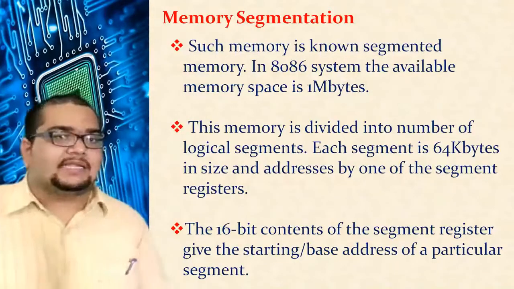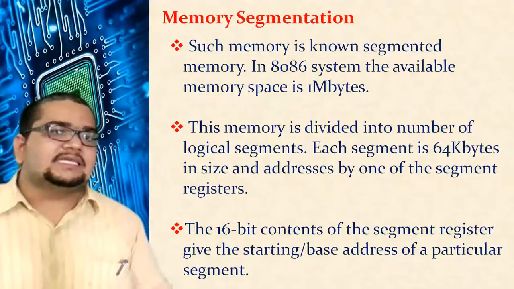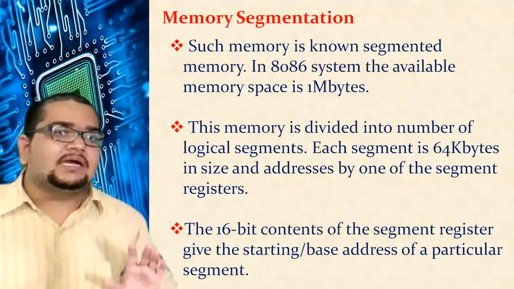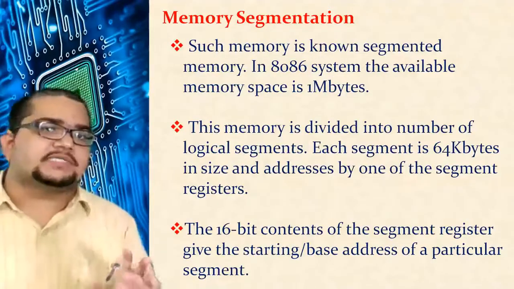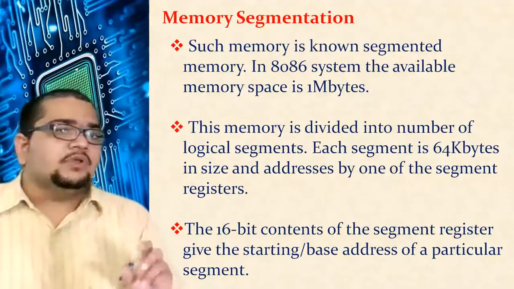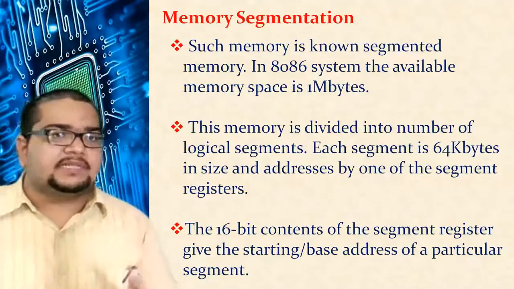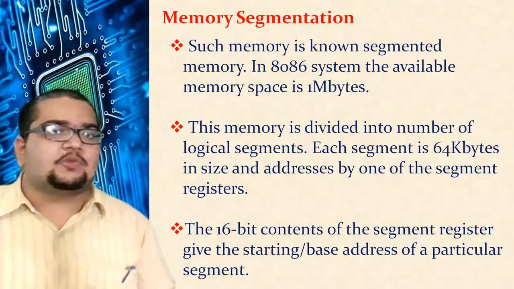Now, at a time, the 8086 can make use of its segment registers CS, DS, ES, SS, and simultaneously it can handle 4 such segments and do its addressing. When I say that at a given moment it uses only 4 segments, it doesn't mean that it is limited to only 64 into 4, that is 256 kilobytes of memory.